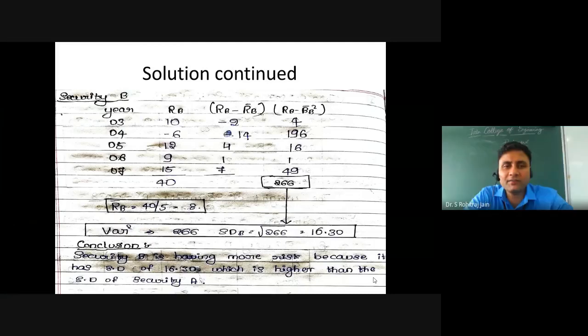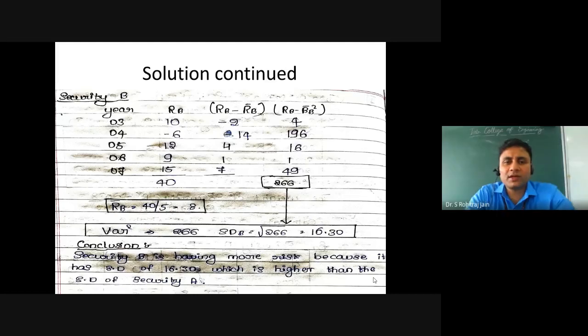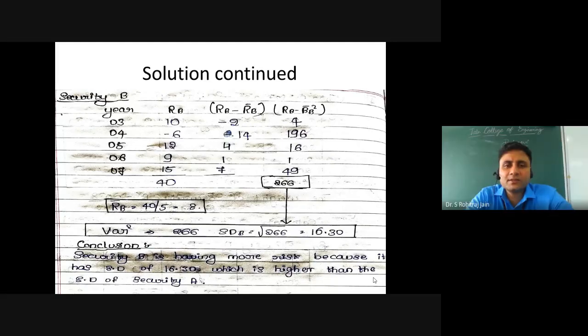Which column are you telling, ma? The first column is year, the second column is return of security B, RB. Second one, sir, minus 6. And the third column, RB bar, is plus 8, right, sir? Yes. That's what I told you: minus RB 6 minus RB bar.